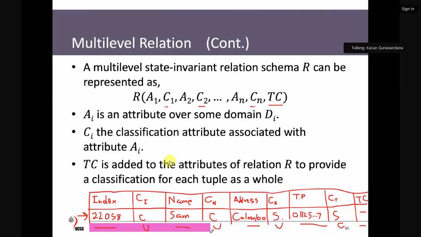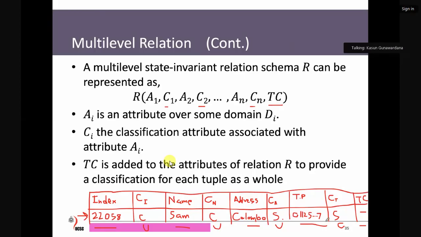If this relation was in the standard, ordinary relational model, then we know that these classification columns C1, C2, C3, and so on, and the TC column, would not be available if the same data was presented as a relation in a typical standard relational model. So in the standard relational model, we don't have classification levels. In such a database model, what would be the primary key?